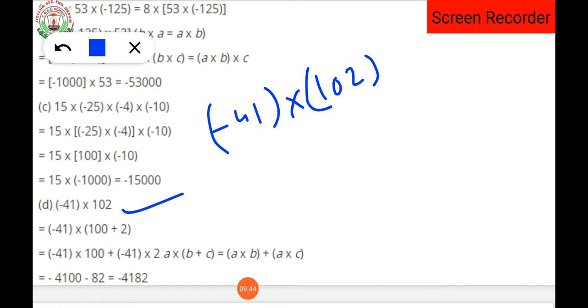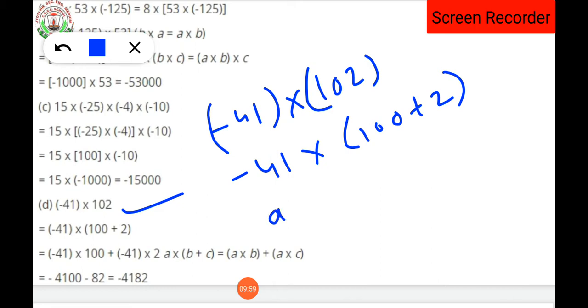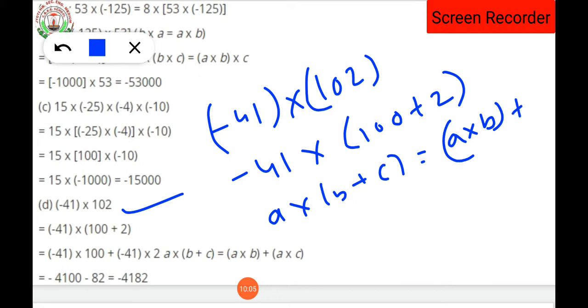In order to use the property, this 102 is going to be split into two numbers, since we have to use the property. Which property will it be converted to? The distributive property, that is A into B plus C is equal to A into B plus A into C.